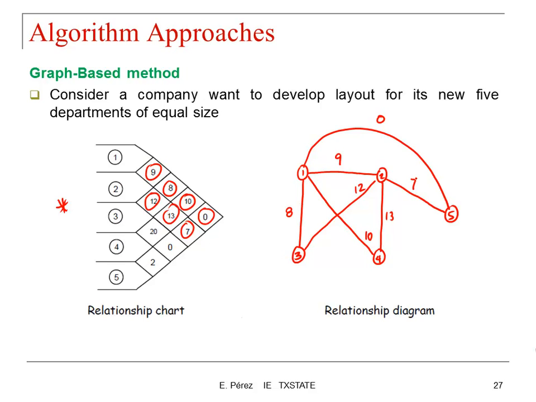Then from 3 to 4, we have 20. From 3 to 5, we have 0. And from 4 to 5, we have 2.